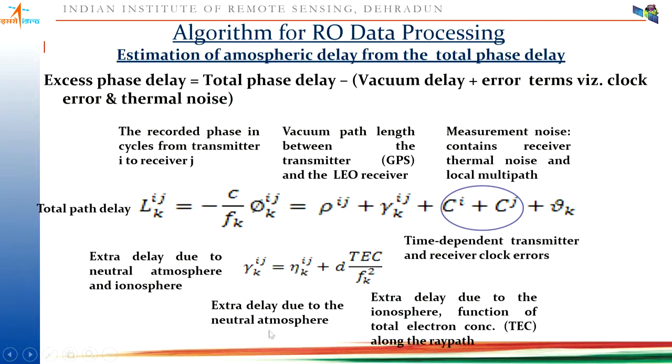The total delay is because of the neutral atmosphere and the ionosphere, which is a combination of the neutral atmosphere delay and the extra delay due to the ionosphere, a function of the total electron content, d times TEC divided by f squared.